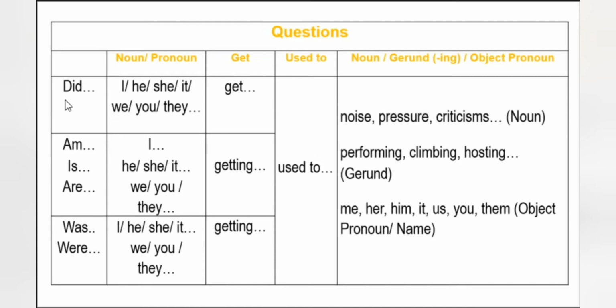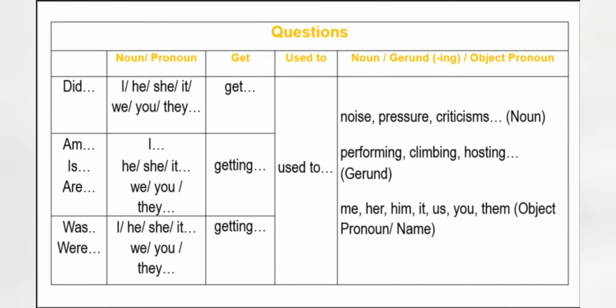So, halimbawa, magtatanong ka, did he get used to pressure? Or, is she getting used to performing? Halimbawa naman, were we getting used to them, or nasasanay na ba tayo sa kanila, something like that. So you can do this one.